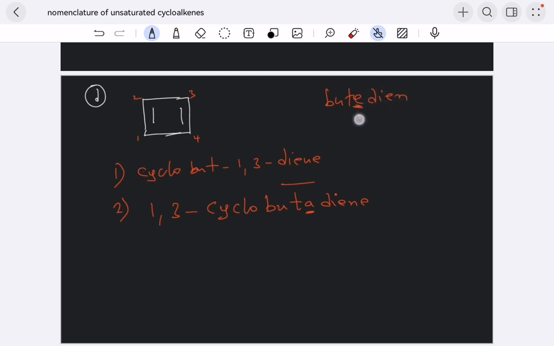So the E changes to A. So it becomes butadiene, pentadiene, hexadiene, heptadiene. So we have to just be particular with the change in the A.